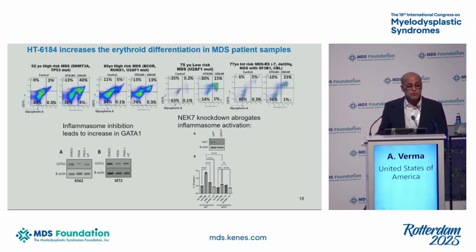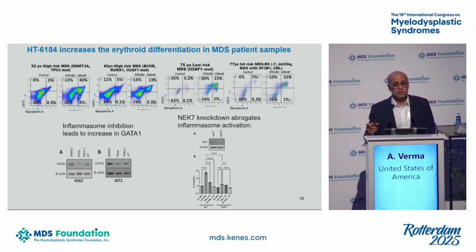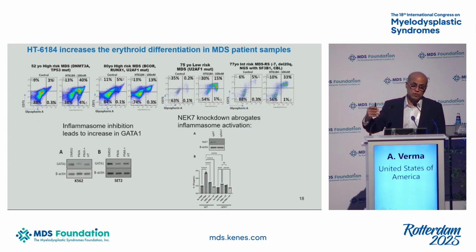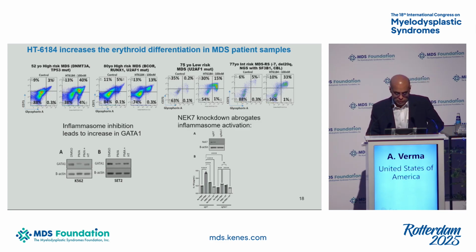Mechanistically, it has been shown that activation of NLRP3 inflammasome and subsequent activation of caspase can actually result in cleavage of the master transcription factor that drives erythropoiesis, GATA1. So we looked at GATA1 expression, and we can see that the presence of this NEK7 inhibitor does increase total GATA1 levels.